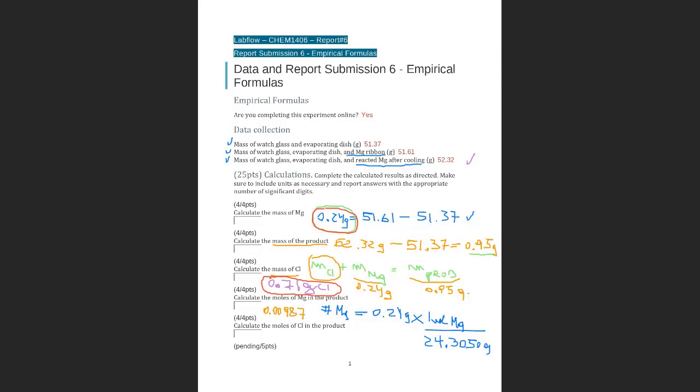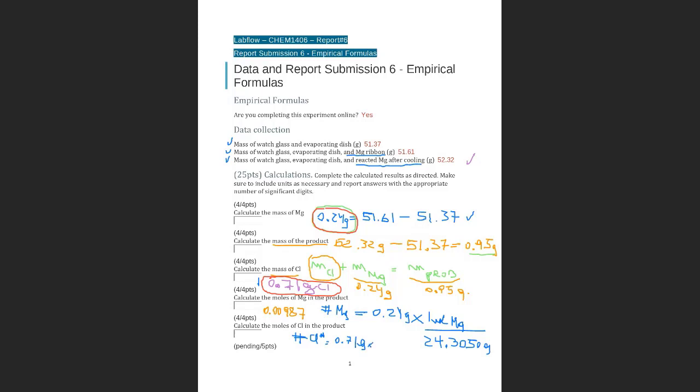So I need the moles of the chloride. The number of moles of chloride is going to be the mass of the chloride. I have it here, 0.71 grams.